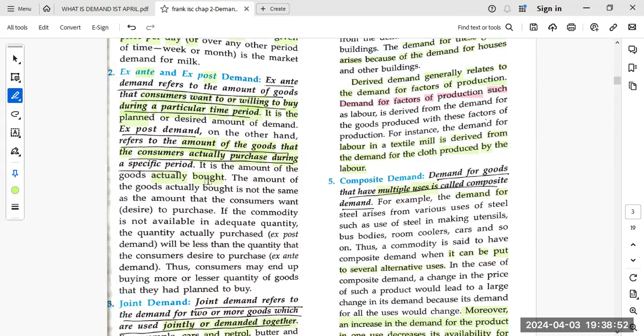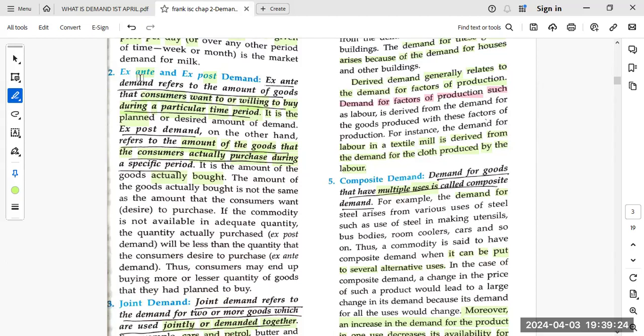So here, basically just understand, ante means plan, that I am planning to purchase. For example, next month, I am planning to purchase 10 kgs of rice. It is planned. But when I go and buy in the grocery shop, maybe the prices have gone up. And instead of buying 10 kgs of rice, I buy only 8 kgs of rice.